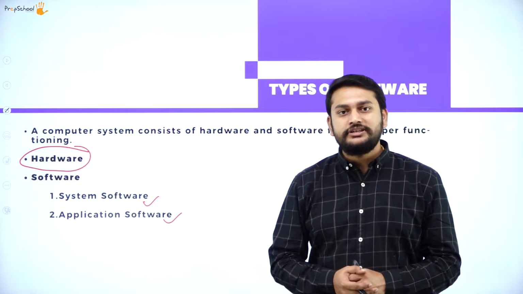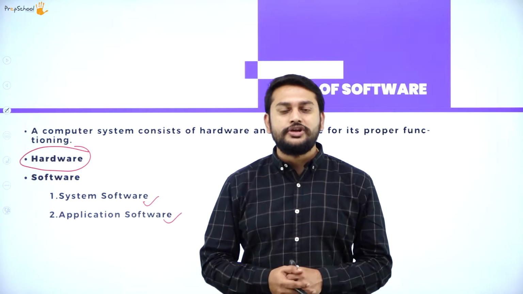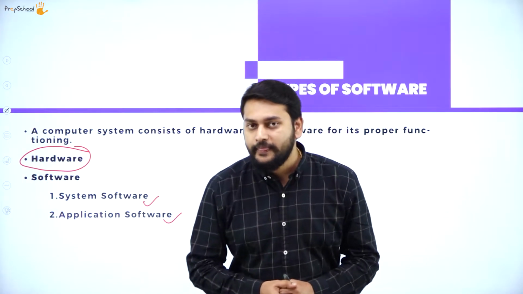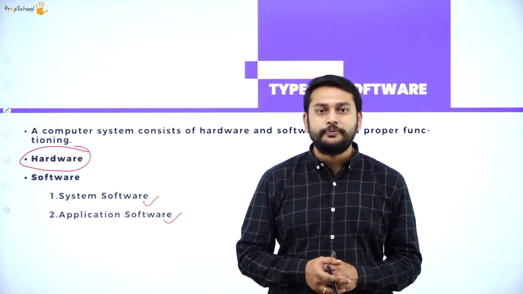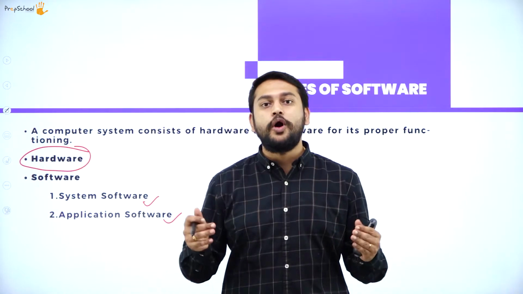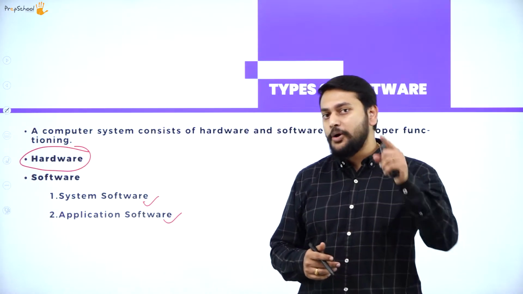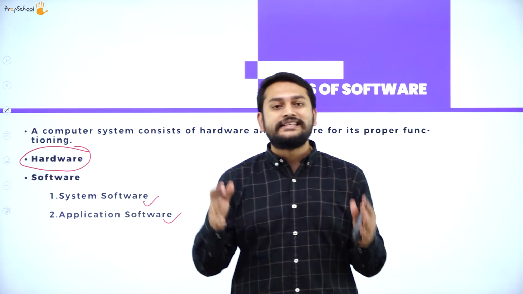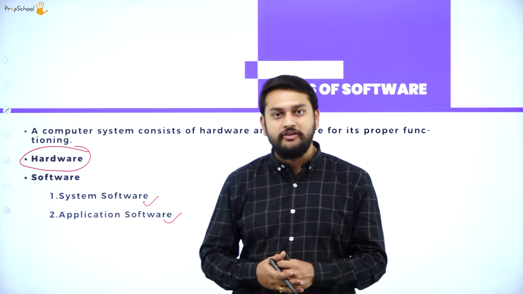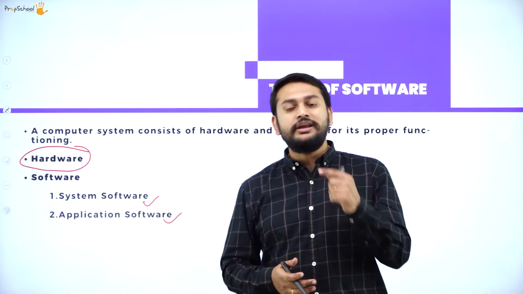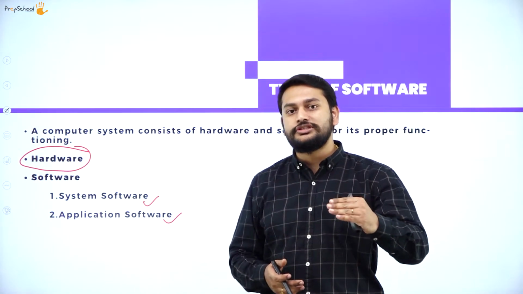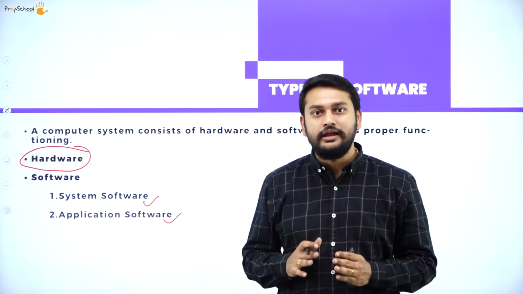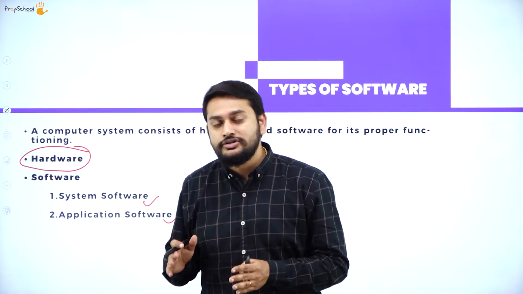Any physical component which you can touch and feel, that's what we call a hardware. I repeat, any physical component which you can touch and feel is what I will call a hardware. But the hardware will not know how exactly it should behave. So for that, I will be writing a set of instructions so that the hardware can perform its activity. So that is what I will call a software.